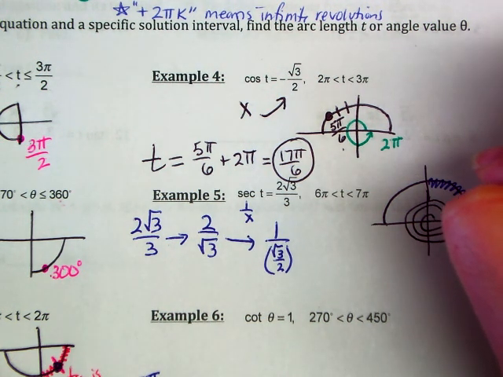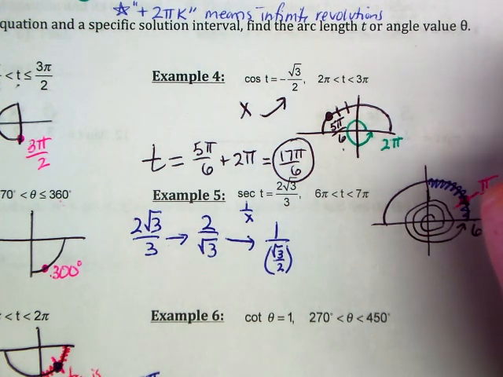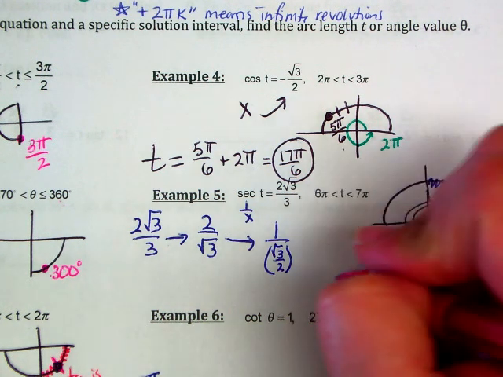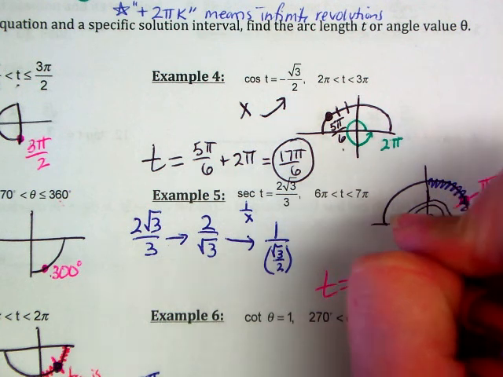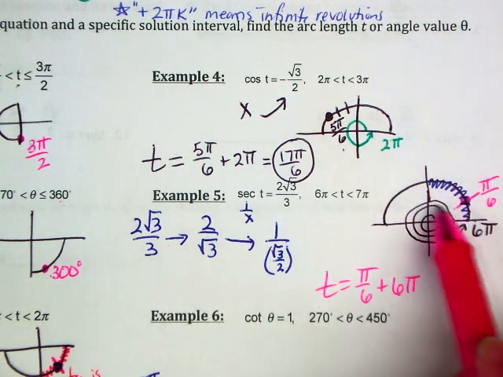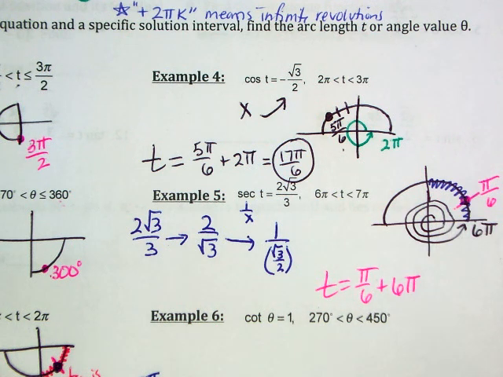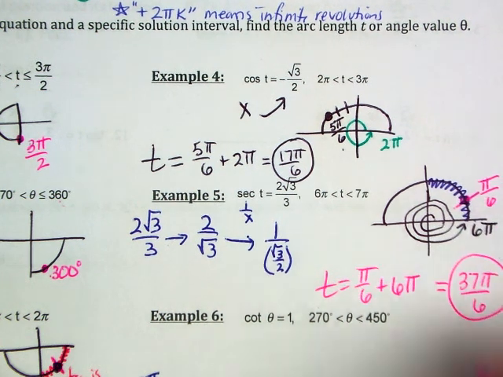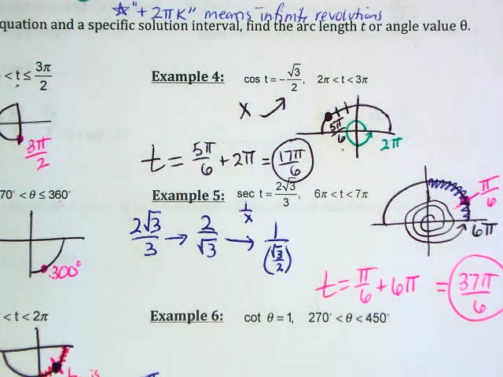Right here at pi over 6. Pi over 6 is not my answer though. t is going to equal pi over 6 plus 6 pi, the original 3 revolutions plus the unit circle value. This gives me a final answer of 37 pi over 6.